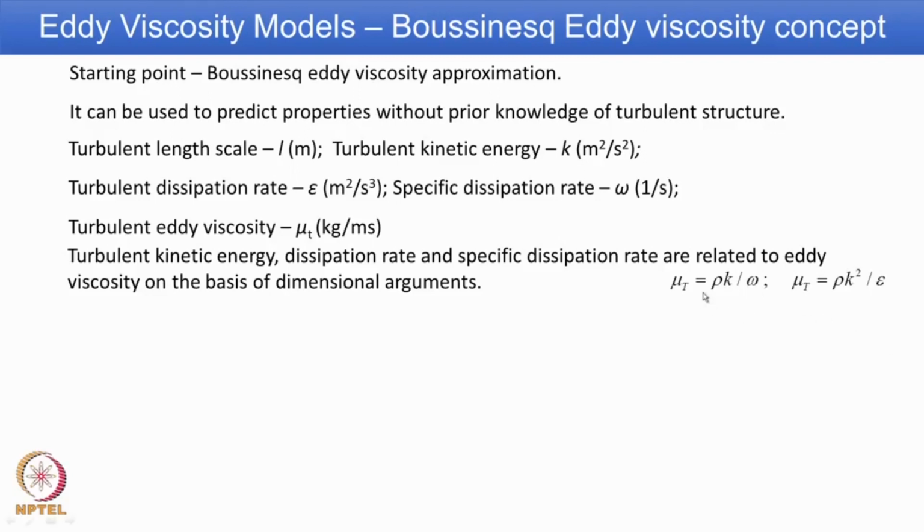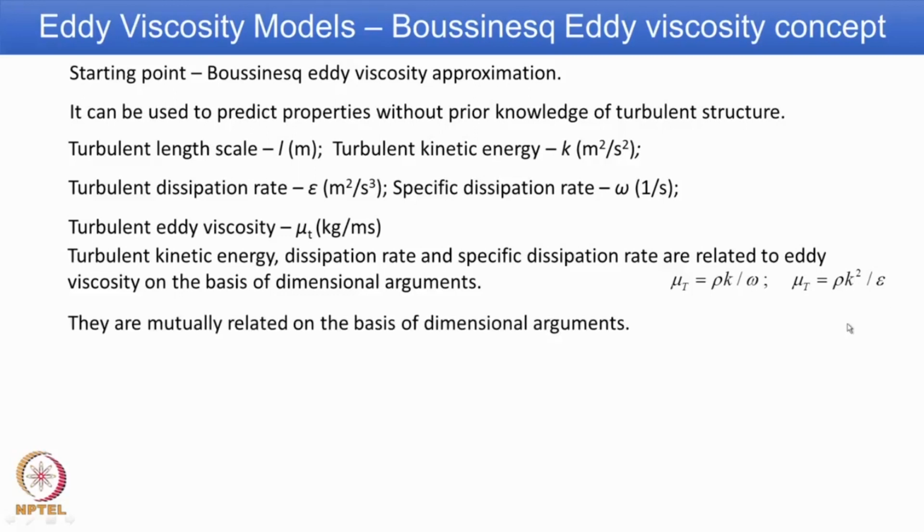So, mu t is equal to rho k over omega or mu t equal to rho k squared over epsilon. It is also possible to relate these three quantities based on again dimensional argument. For example, L is equal to k to the power of half by omega and epsilon equal to omega into k.